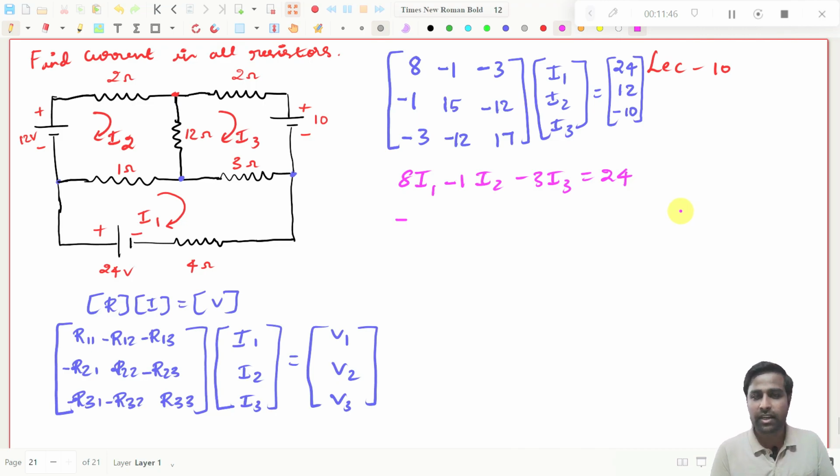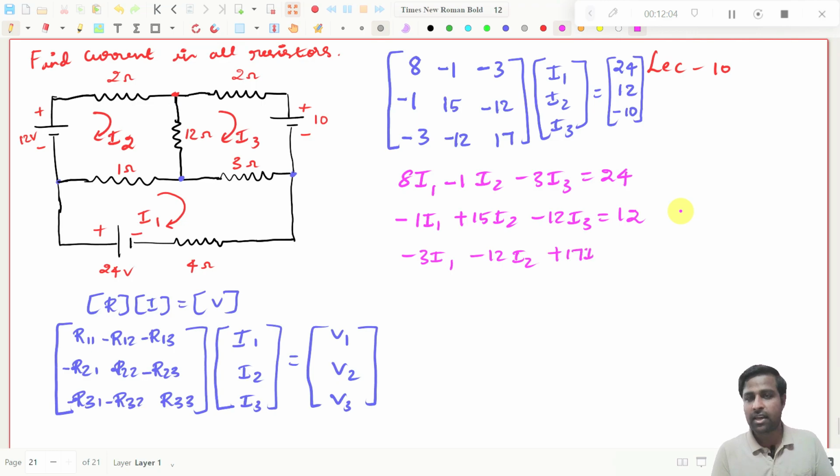Next one, minus 1 I1 plus 15 I2 minus 12 I3 will be equal to 12. Then minus 3 I1 minus 12 I2 plus 17 I3 will be equal to minus 10. This is expression number 1, this is expression number 2, this is expression number 3.